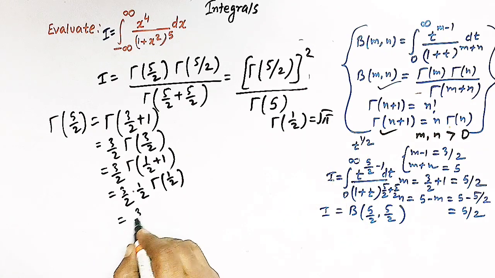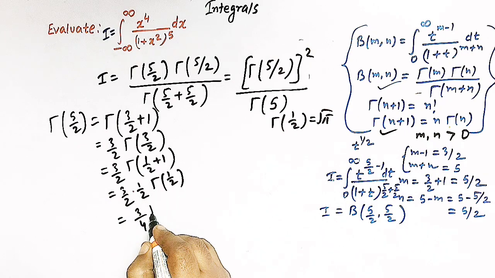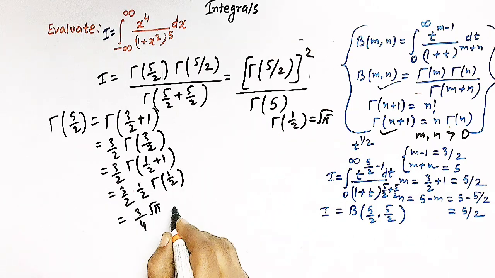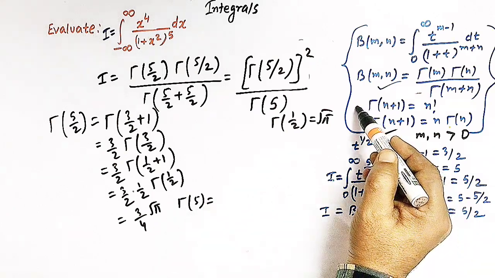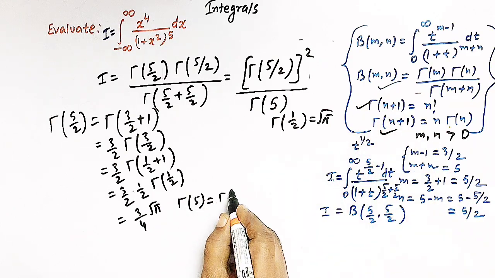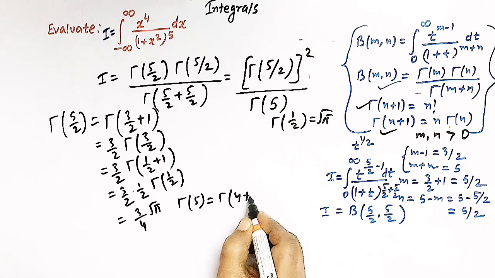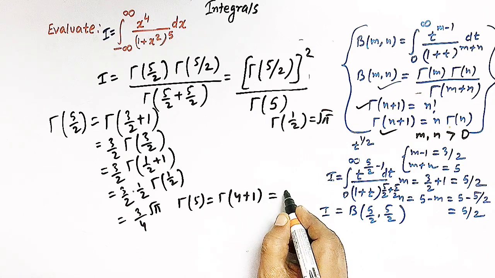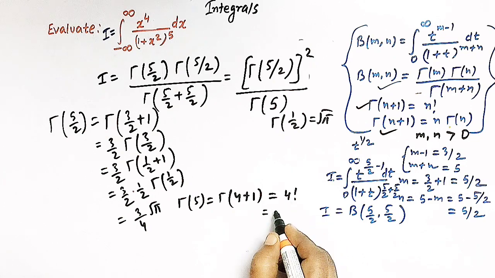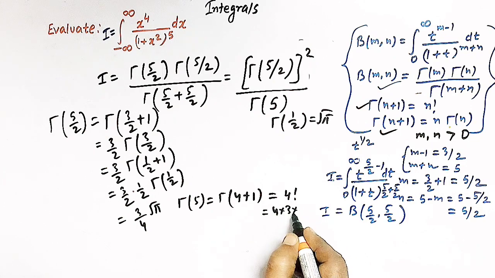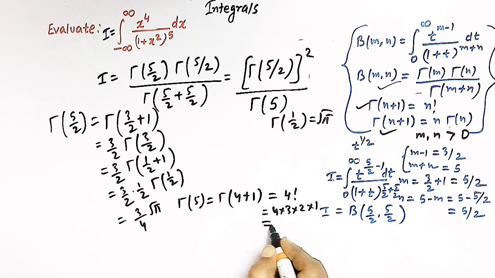So we have 3 over 4 square root of pi, and gamma 5 can be obtained by using this result. We can write gamma 5 as 4 plus 1, that is equal to 4 factorial, right? And 4 factorial is 4 times 3 times 2 times 1, that is equal to 24.